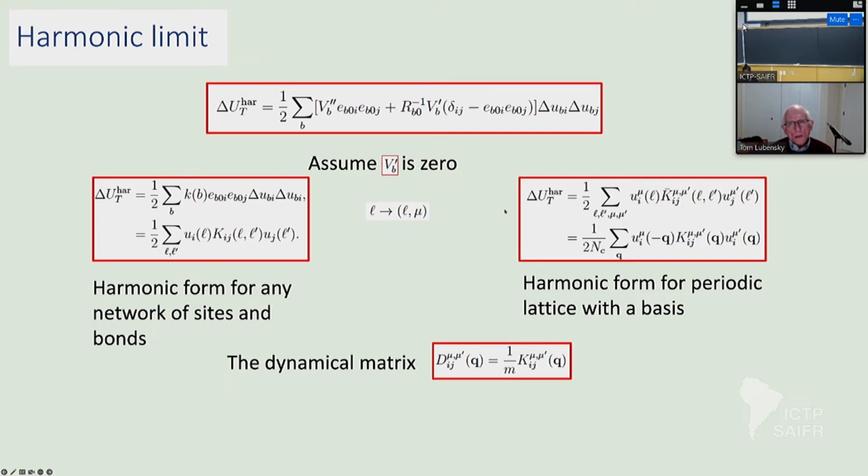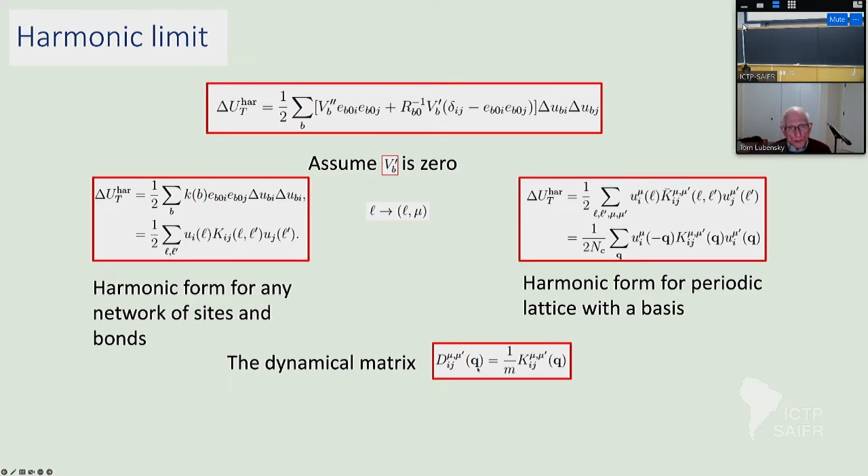In which case, going through this procedure, we can get the harmonic energy and write it out in its glory. The stiffness tensor now has springs between mu and mu prime as well as L and L prime. And now we have a periodic lattice, so we can do a Fourier transform, and this is a quantity which we'll be working with a fair amount.